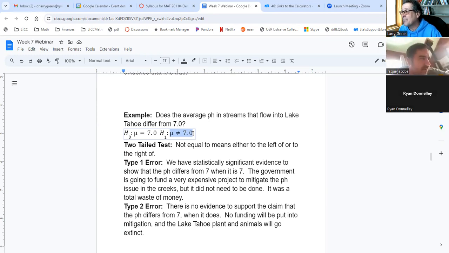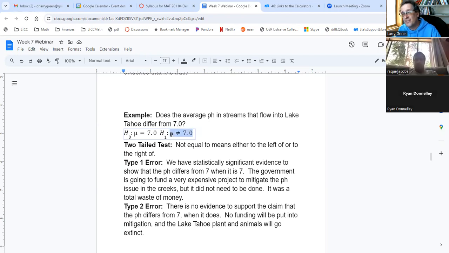Whereas in our last example, we wanted to show that it was less than 4% for those who got COVID. Here, we're hoping this isn't true, but we're going to check to see if it's different from 7.